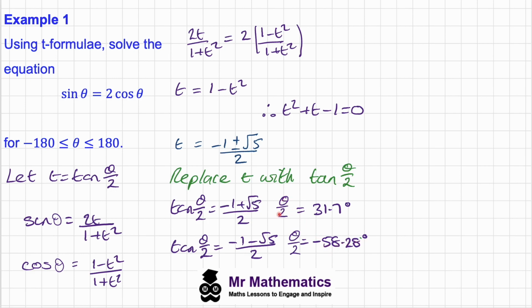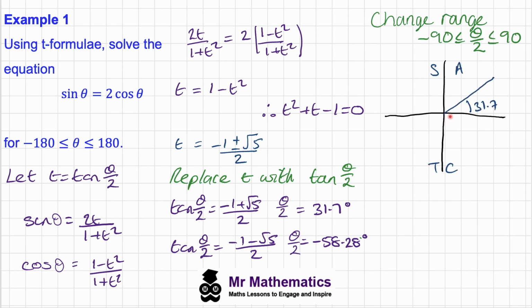So we have our values for theta over 2, but the question asks to find theta, and this is in the range of negative 180 to positive 180. So we need to change this range to match our solution. We divide everything by 2, so now theta over 2 is in the range of negative 90 to 90. If we use our CAST diagram, there are no other solutions here, because if we go beyond this quadrant, we go outside of our range.